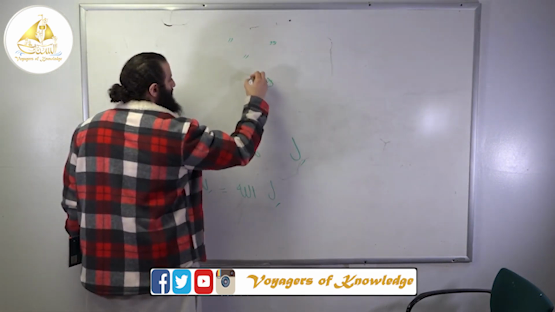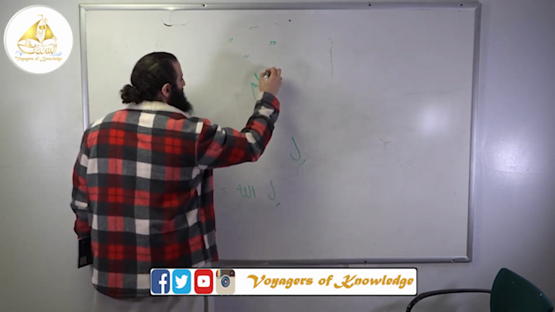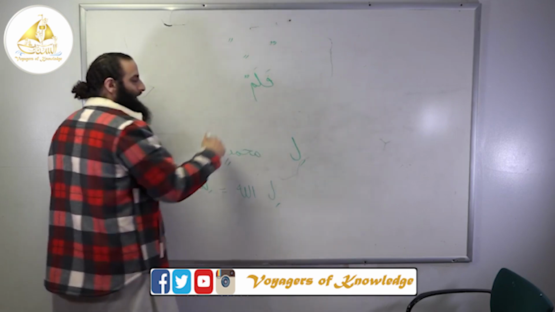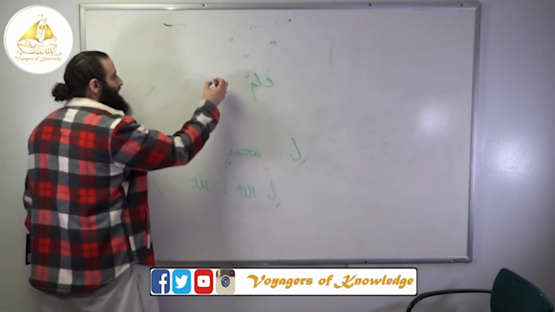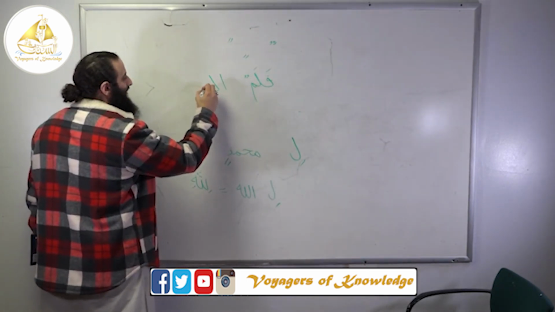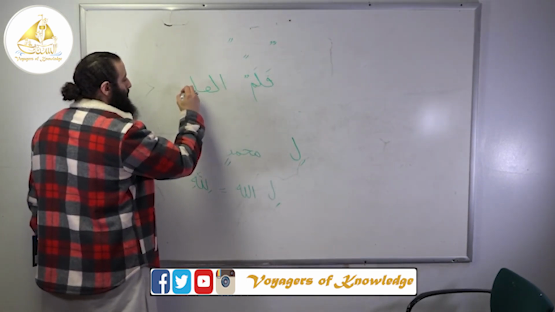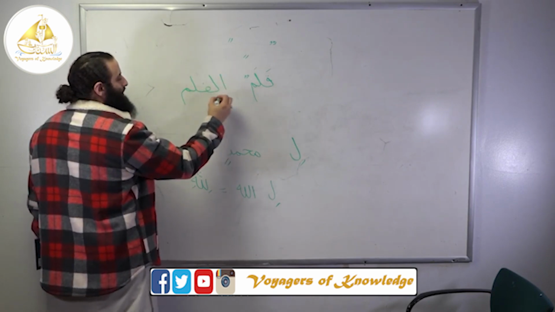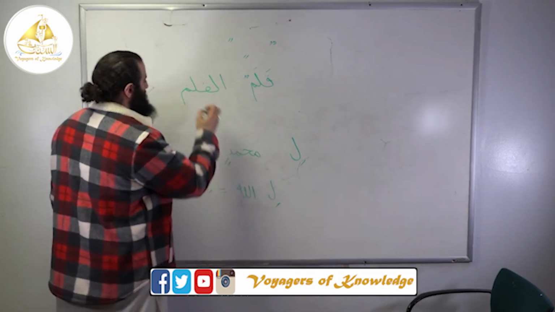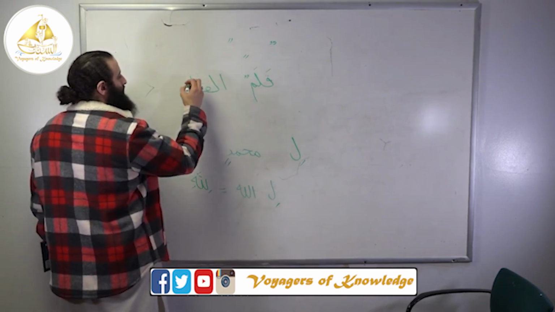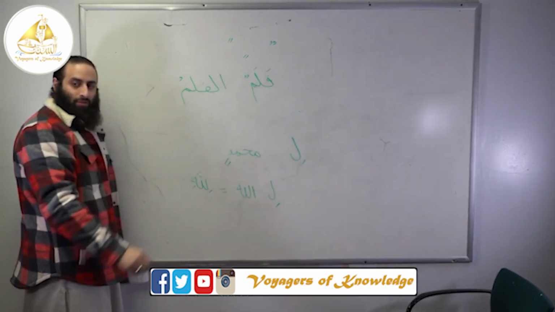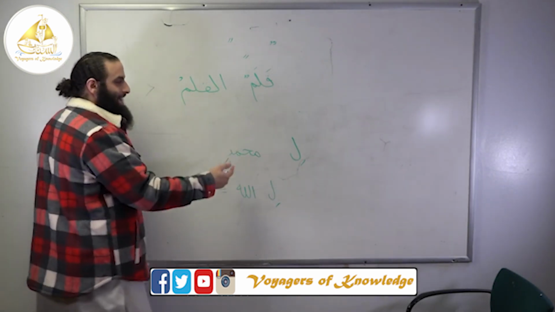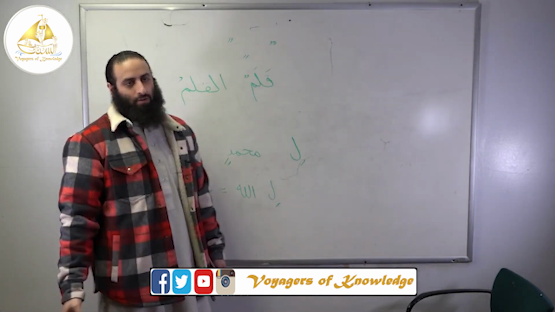The word قلم means pen, and it's not specified. When you specify a word in Arabic, you say al-qalamu. You add al to specify it, to make it definite. What happens as a result? One of the double harakas is dropped. So you will never say al-qalamun.